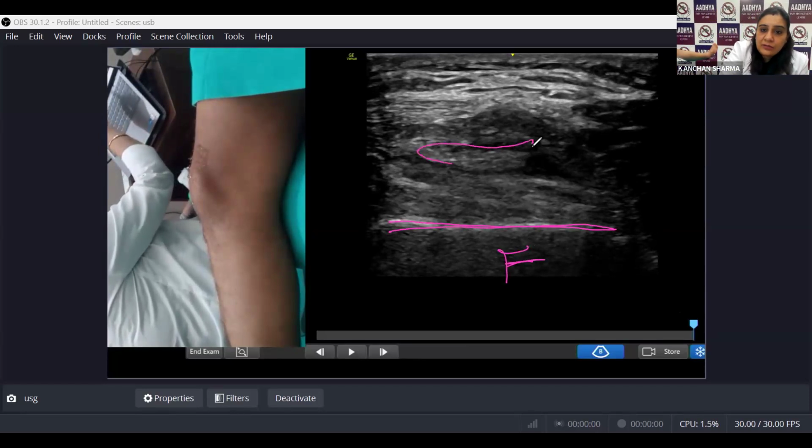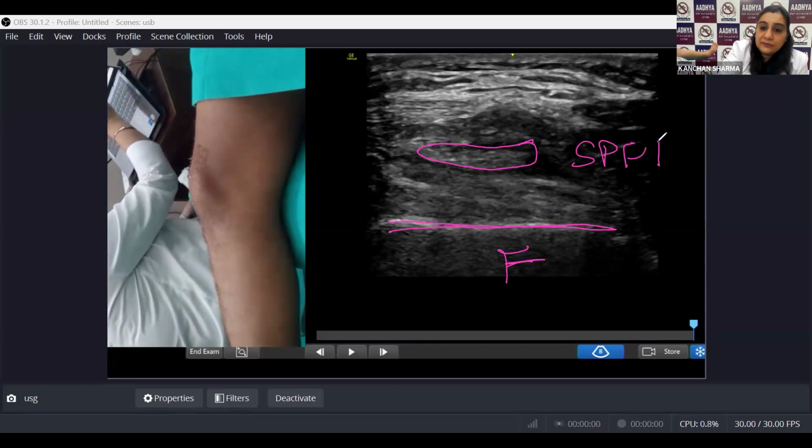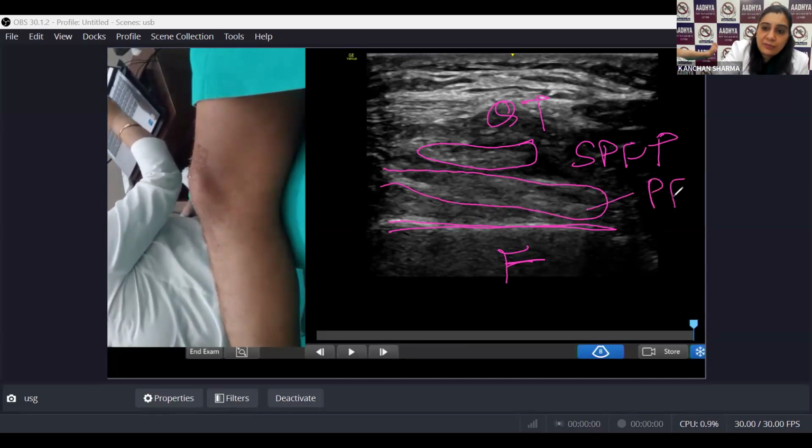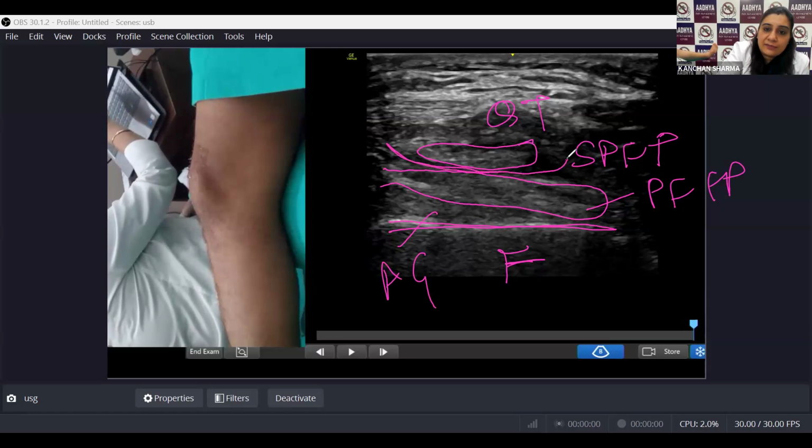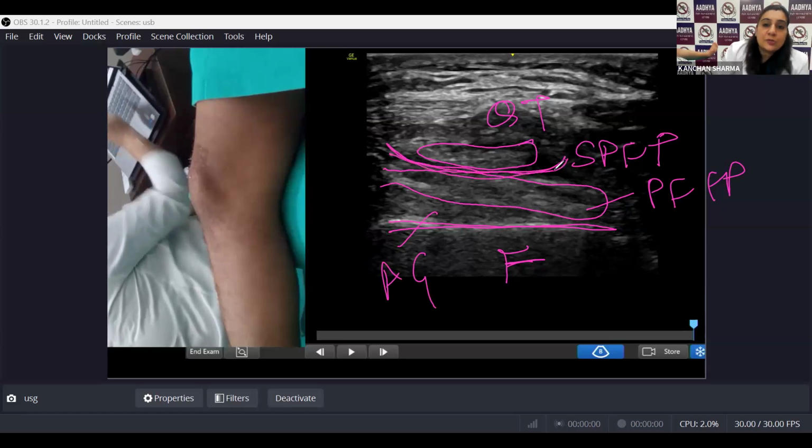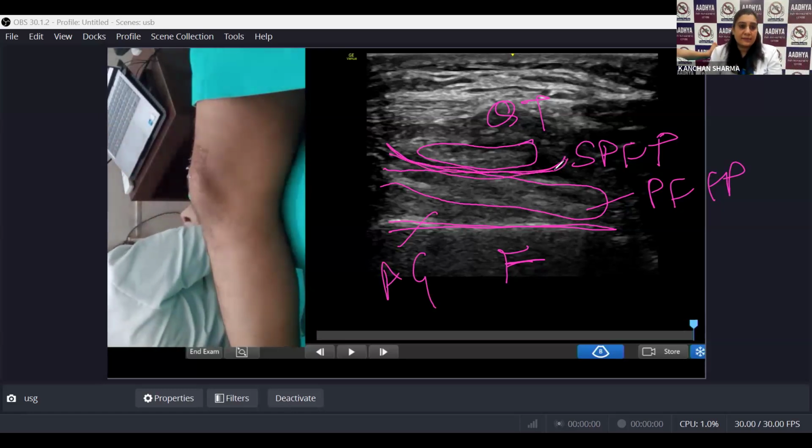Now this is your suprapatellar fat pad. This is your quadriceps tendon. This is your prefemoral fat pad. This is your articularis genu. And what you are seeing here is your suprapatellar recess, right?